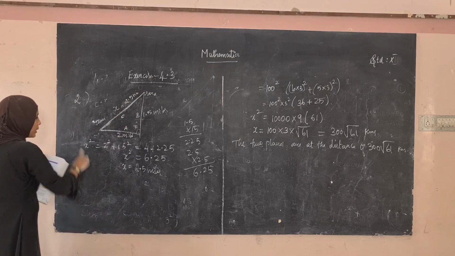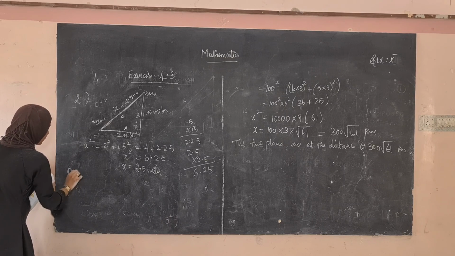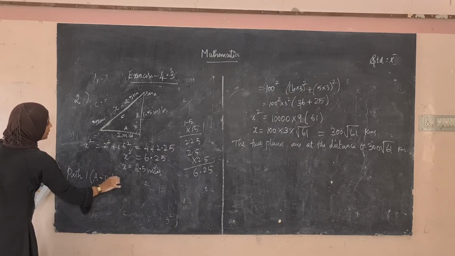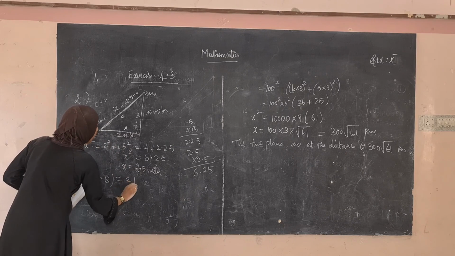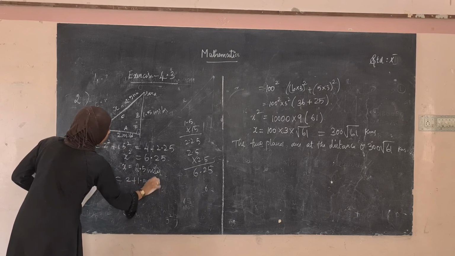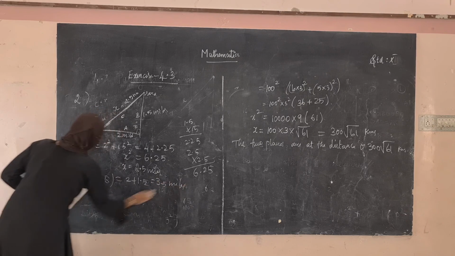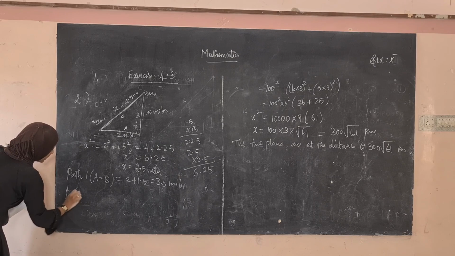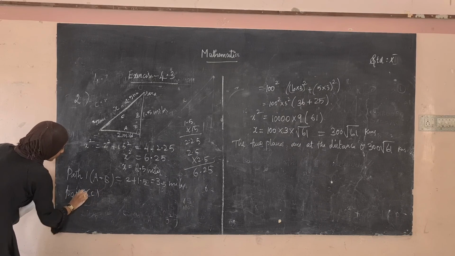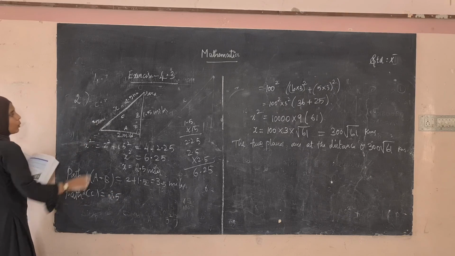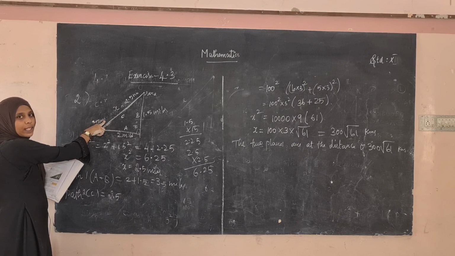Okay, let this be path 1. Path 1 consists of street A plus street B, that is 2 plus 1.5, which is equal to 3.5 miles. Whereas path 2, the other path, is only street C, which is equal to 2.5 miles. So while traveling this way, how much length is shortened?